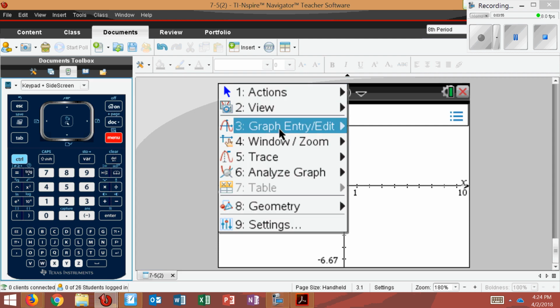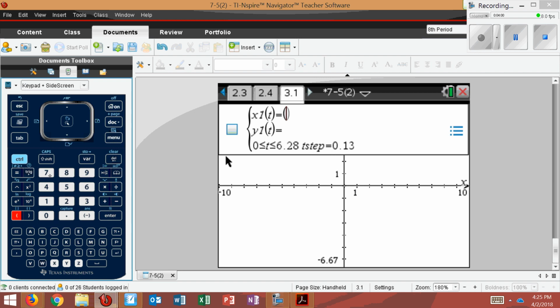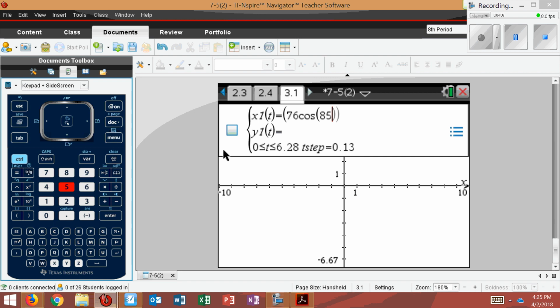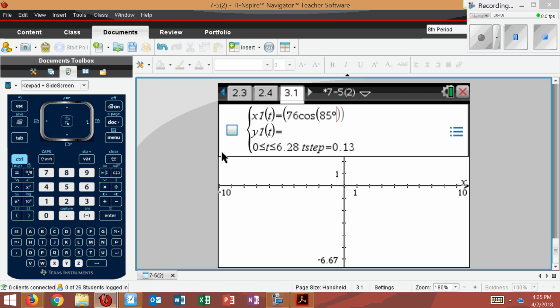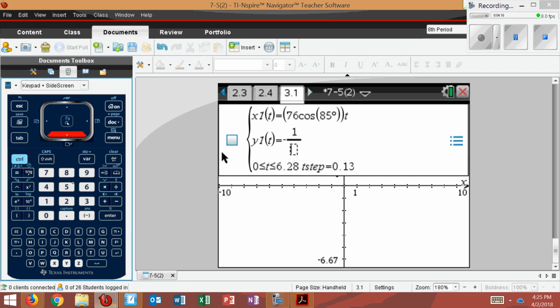So we go to menu, graph entry, choose parametric, and my x equation was the initial velocity, 76, times cosine of that 85 degrees multiplied times time. Underneath we had negative 1/2 times g, which is 32, times time squared, plus, we have another parentheses.